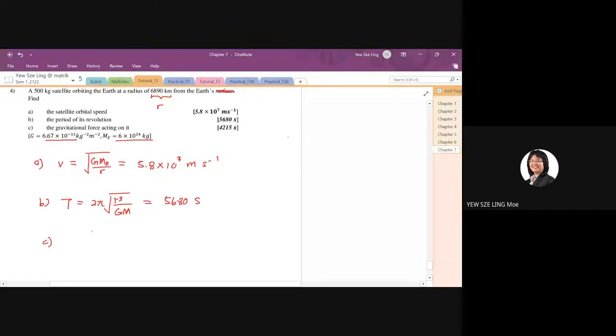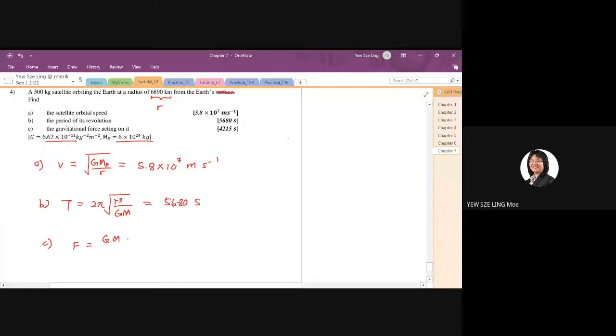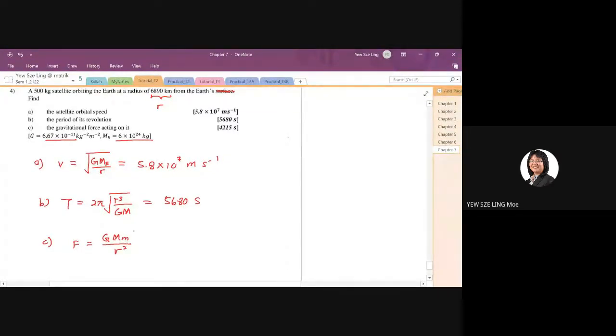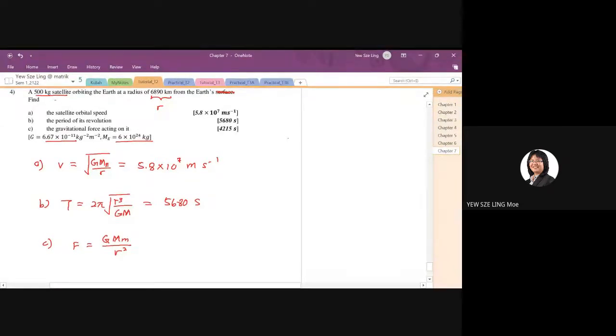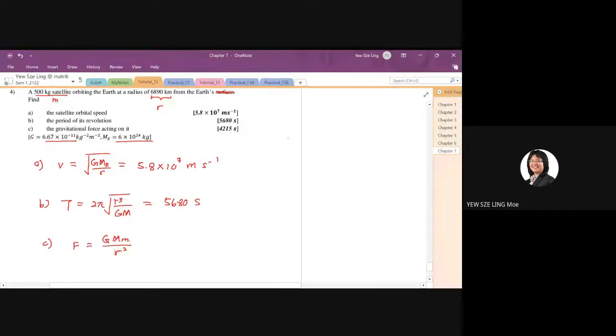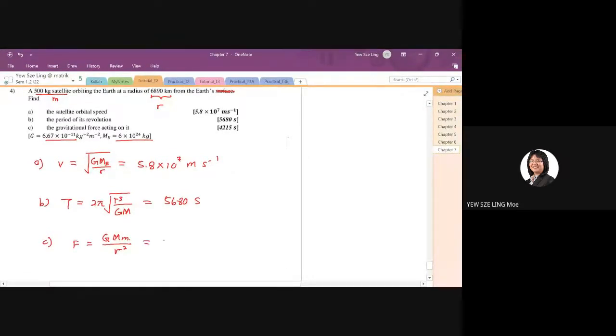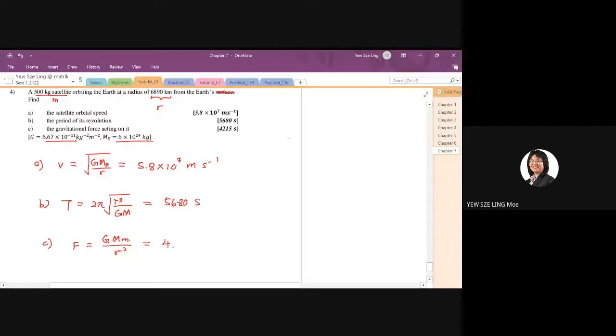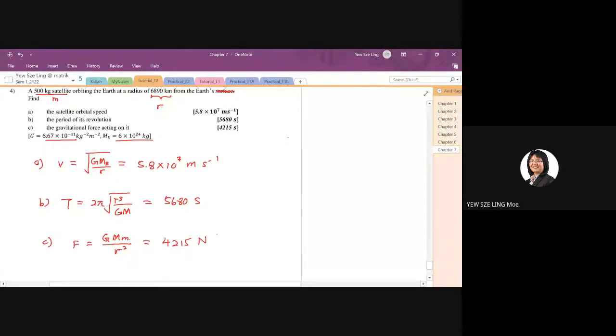Question C, gravitational force acting on it. F equals GMm over R squared. Your given satellite mass is 500 kg. This is small letter m. So you have a small letter m, you have capital letter M, you have R, you have G. Straight away you get the answer again, which is 4215 Newton.